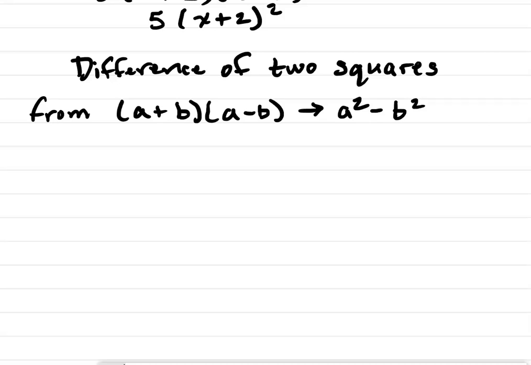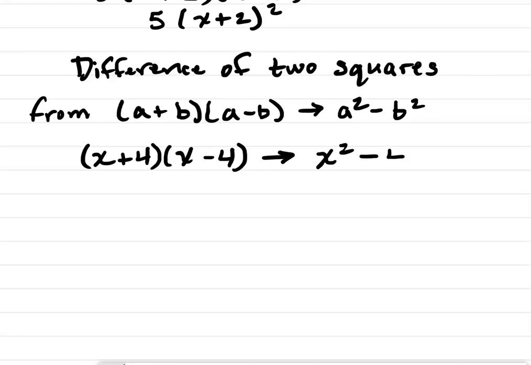Alright, so let's look at an example. If I have x plus 4 times x minus 4. Now, if you know the difference of two squares, you will know that this is just x squared minus 4 squared.